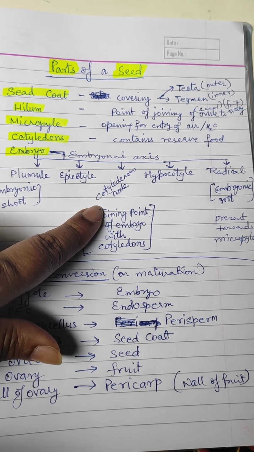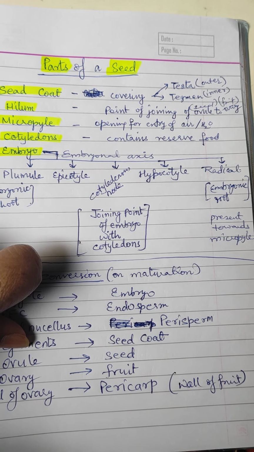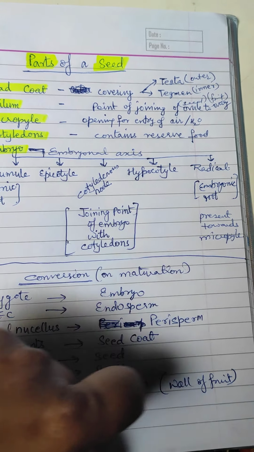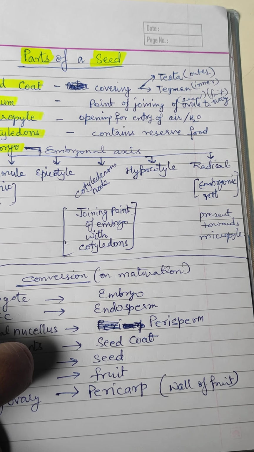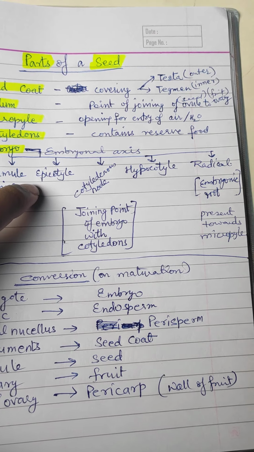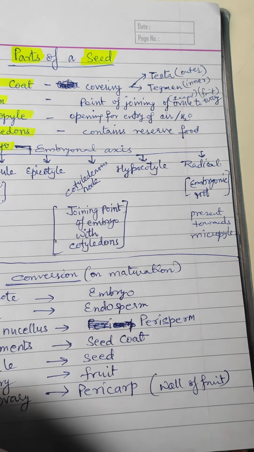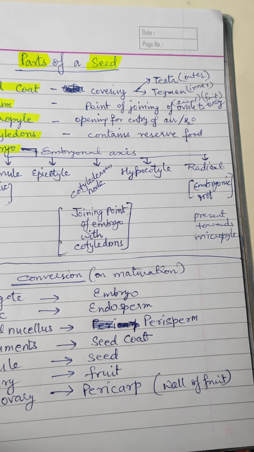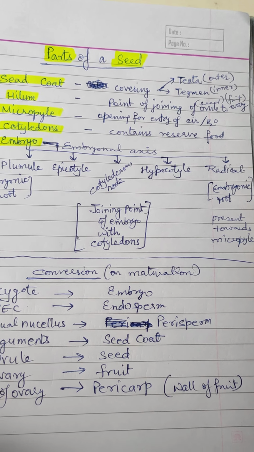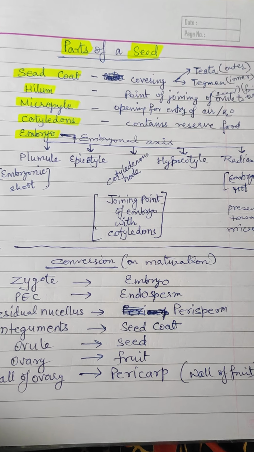Center is the cotyledonary node, which is the joining of the cotyledon and the embryo. Last is the radicle. The part between plumule and cotyledonary node is the epicotyl, and part between cotyledonary node and radicle is the hypocotyl. Radicle is always present towards the micropyle. Whenever a seed germinates, radicle is the first structure which comes out.